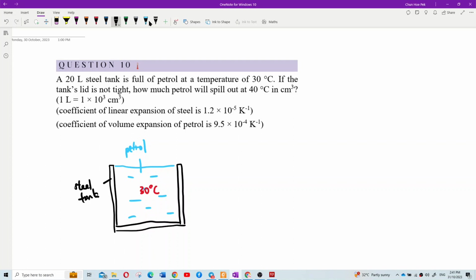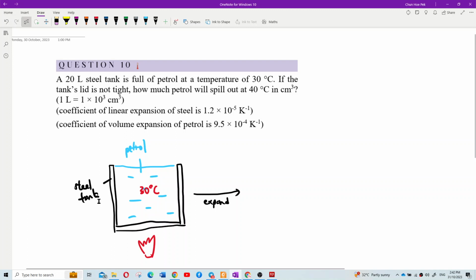But the thing is being heated up, panaskan, so that means both will expand. The steel tank will expand, become a bigger container. Petrol also expands.